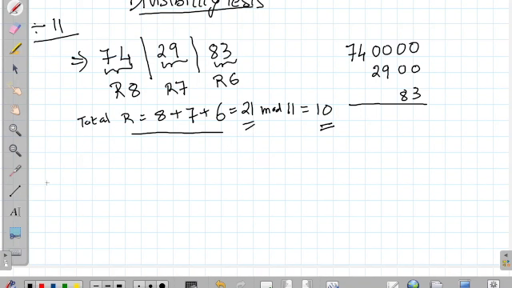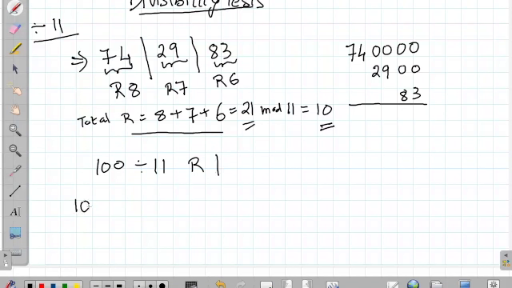So we had tried to figure out why this works. So we can start with a hint. We have here, okay, 100 when divided by 11, the remainder is 1.